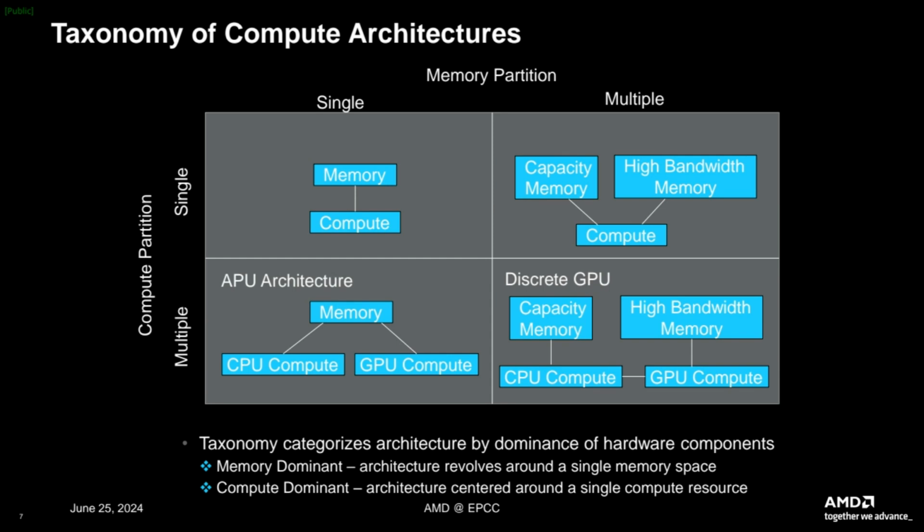And we're going to use that terminology still to differentiate the kind of architecture that we have. So in this sort of diagram, the major GPU architectures today are in the bottom half of this diagram, and for the most part, we've been running on discrete GPUs.